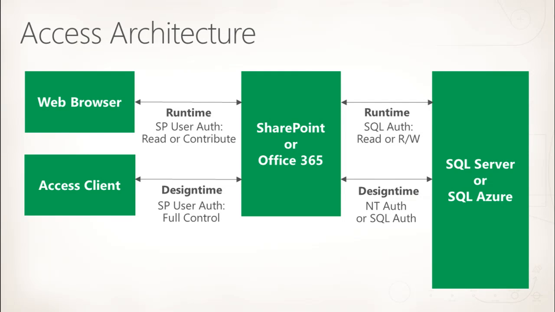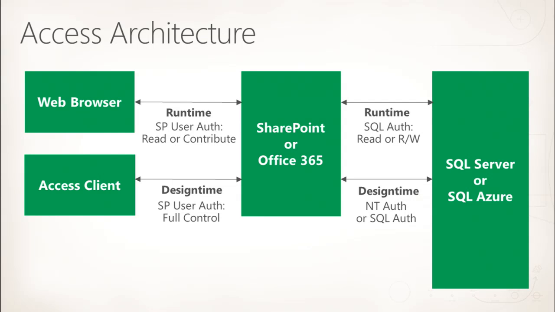We also use full control in order to actually create the databases at design time. Those get mapped between SharePoint and SQL Server into SQL Auth. And this is one of the roles of that middle tier that we have on SharePoint, is it does that mapping. We use SQL Auth to map to either read or read write permissions for runtime.